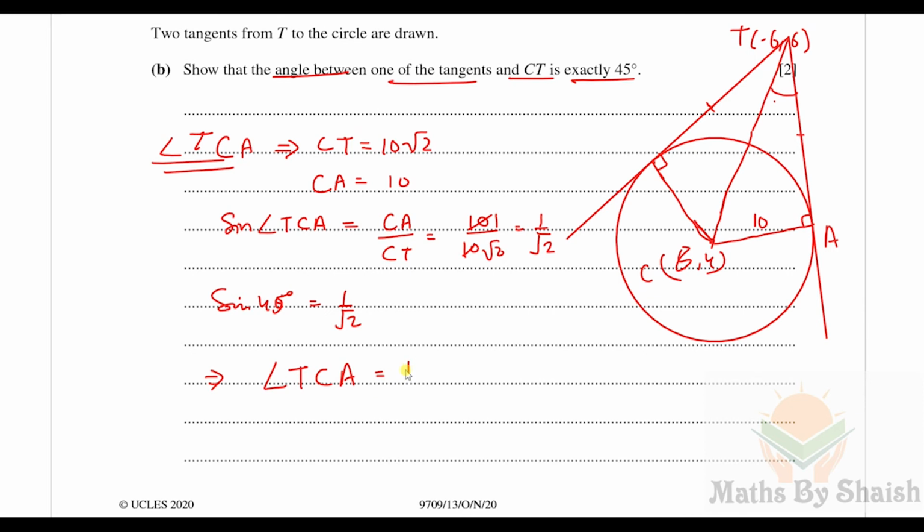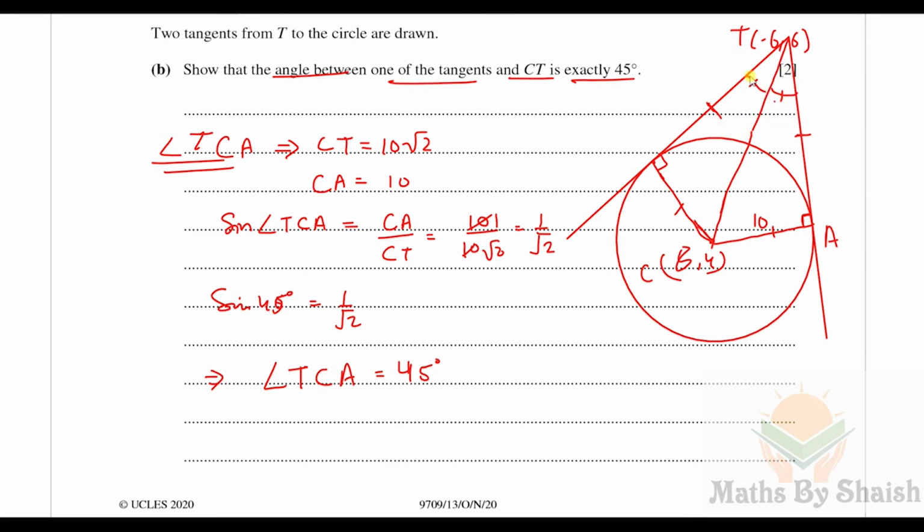Or we can write that the angle between one of the tangents and CT is exactly 45 degrees. And why are these two the same angle? Because the tangents are equal, and the radii are equal, and the angle is 90 degrees, so by SAS the triangles are congruent. So if this angle is 45 degrees, this will also be a 45 degree angle.